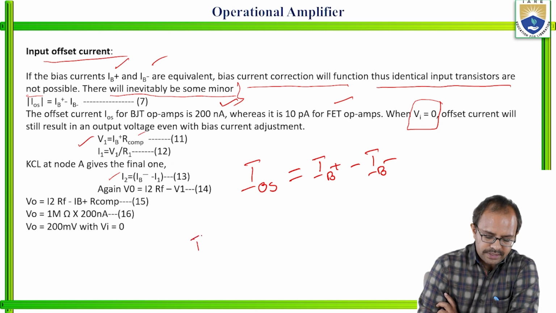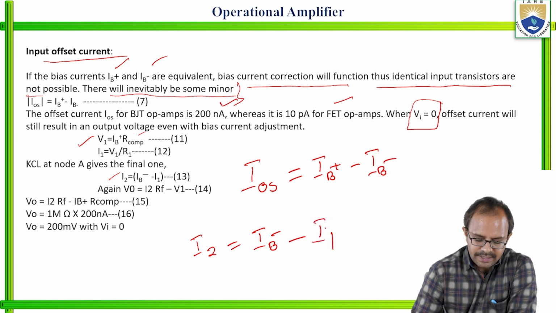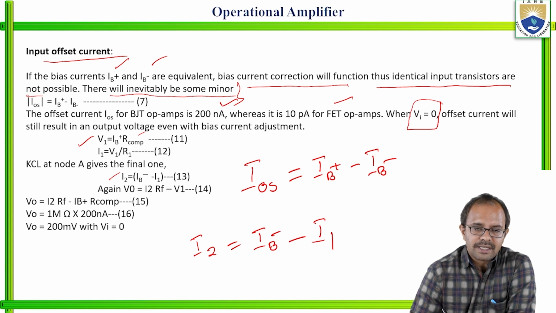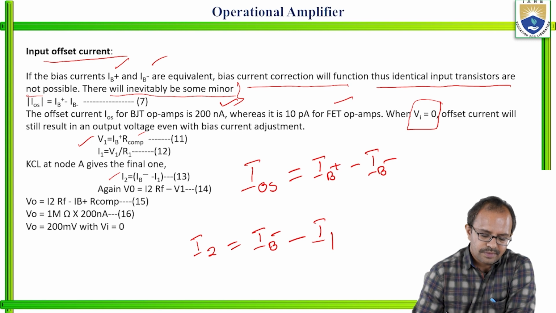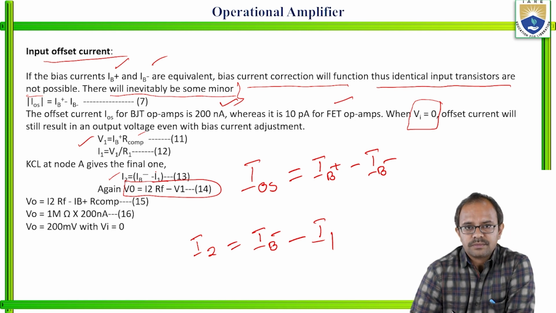So I2 is equal to IB minus I1. So you know about the currents I1 and I2, which are present across the two terminals of your operational amplifier, right? And from here you can say V0, which is nothing but the output voltage.